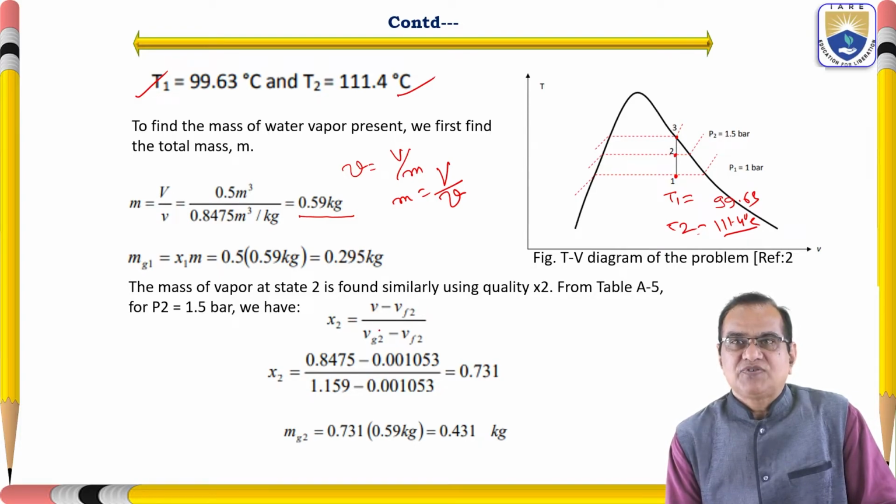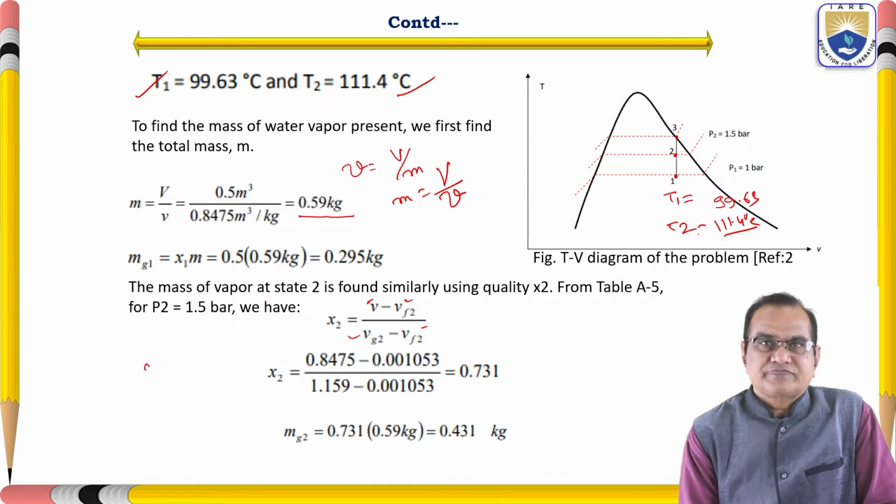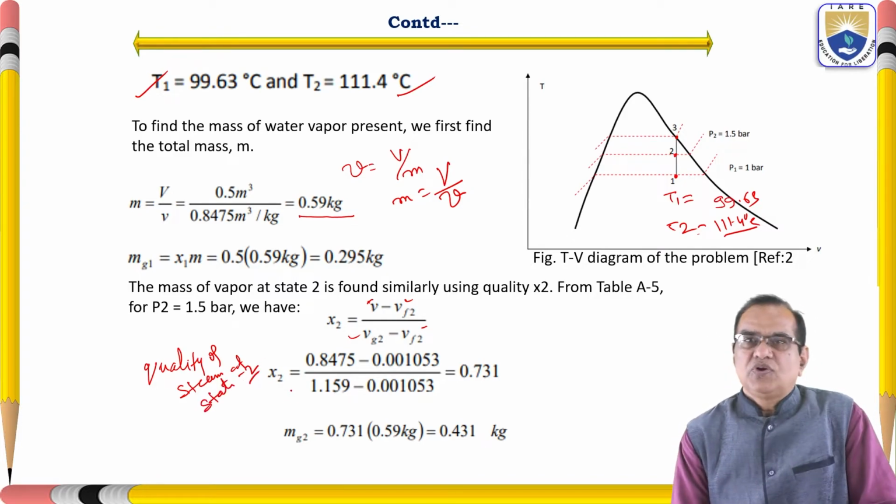We know all these parameters, and we find them from the steam table to get X2, the quality of steam at state 2.